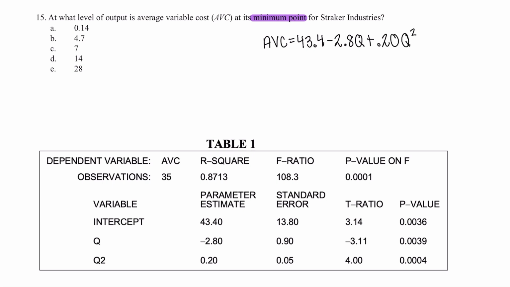And then we're going to use the formula negative B over 2C, which is negative 2.8 divided by 2 times 0.2, which is a positive 2.8 divided by 0.4, which gives us 7.